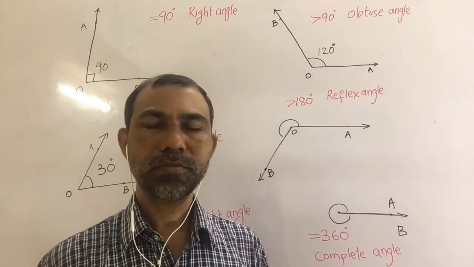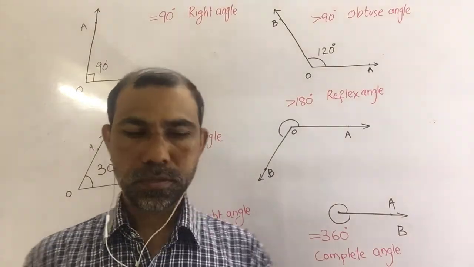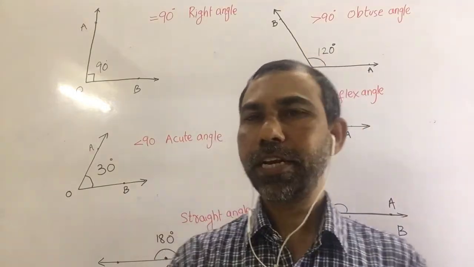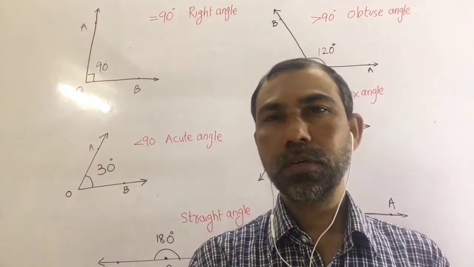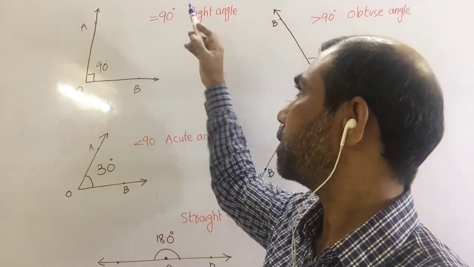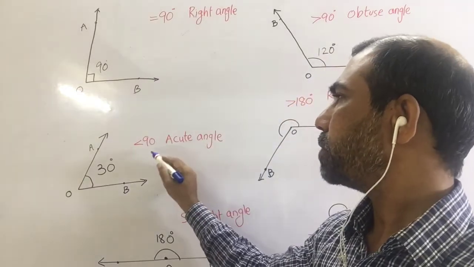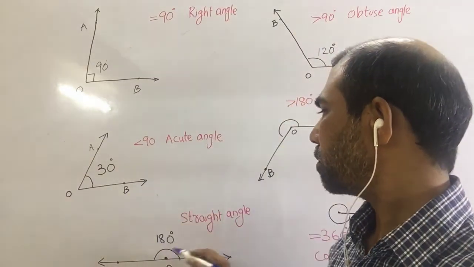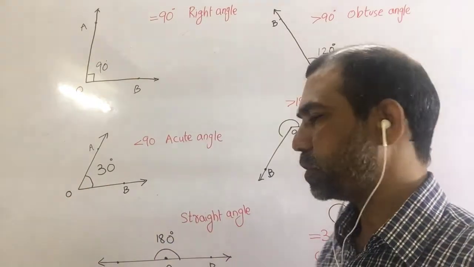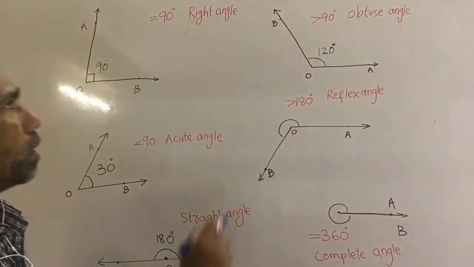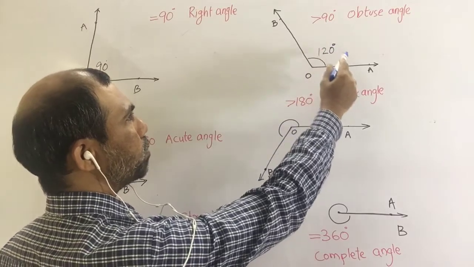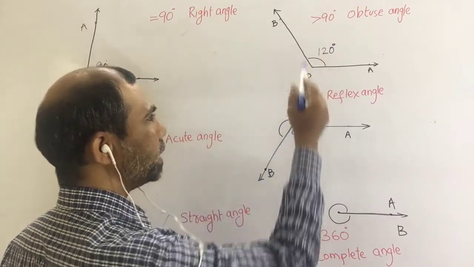Before going to the types of triangles, let's revise the different types of angles with the diagrams. Exactly 90 degrees you can see here. It is a right angle. Always a right angle will be equal to 90 degrees, and if it is less than 90 degrees, it is an acute angle. And a straight angle will be just straight, it will be 180 degrees. Now if it is more than 90 degrees, that is called an obtuse angle, and it must be less than 180 degrees.